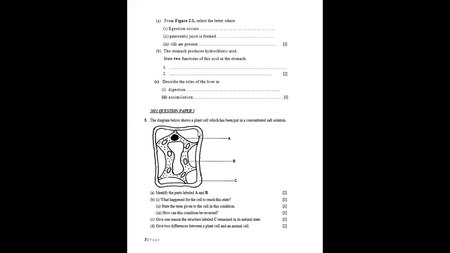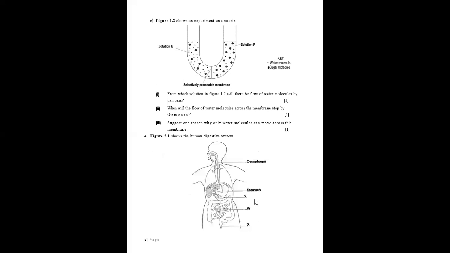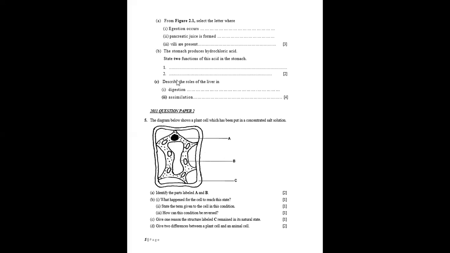Pancreatic juice is formed in V, the pancreas, and villi are present in W. So X for egestion, V for pancreatic juice, W for the presence of villi.